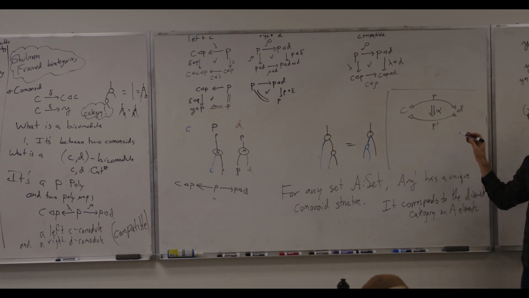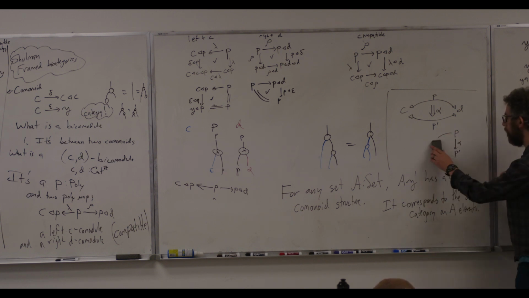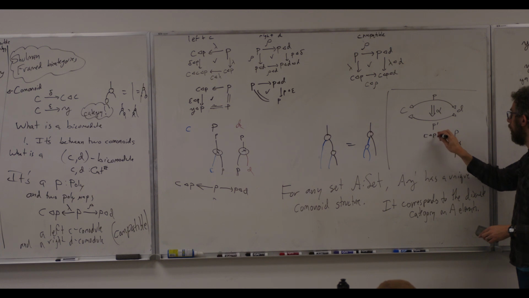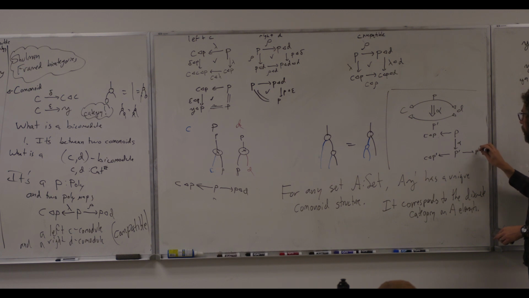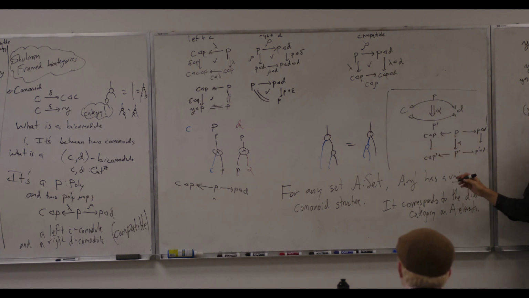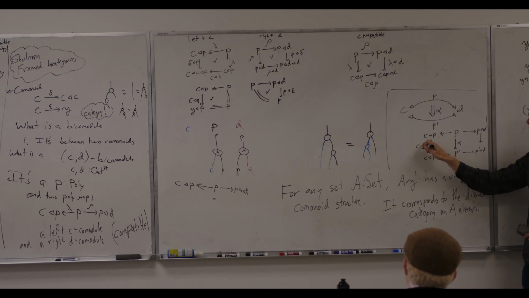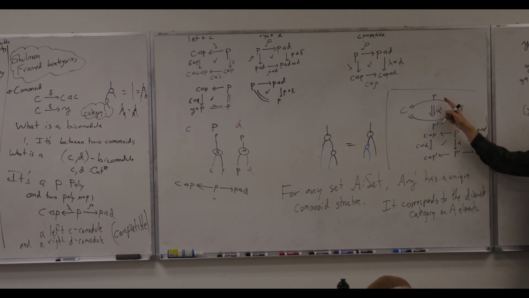So it should go P to P prime, alpha. This goes to C composed P. This went to C composed P prime. This went to P prime composed D. This went to P composed D. Any guesses what you should put here and here? C tri alpha and alpha tri D. And I want these to commute. And that's what a morphism is.